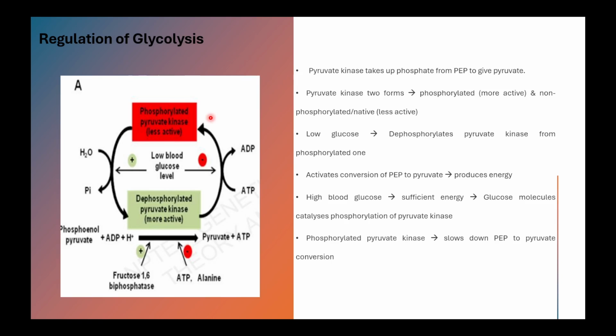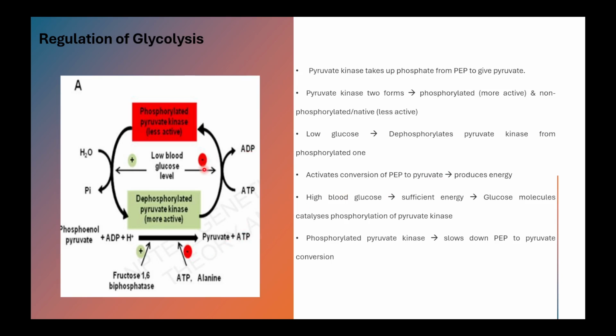When the glucose levels in the blood are low, the pyruvate kinase gets dephosphorylated. The dephosphorylated one is more active, so it will convert PEP to pyruvate, and we get ATP.